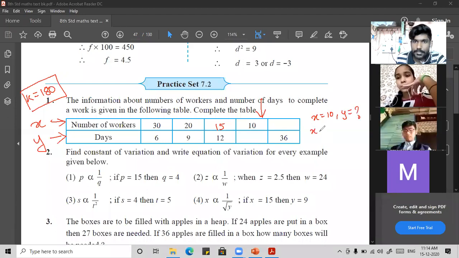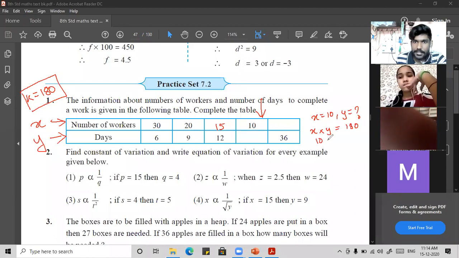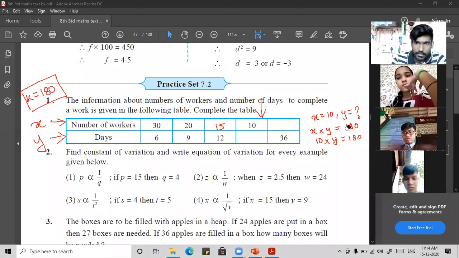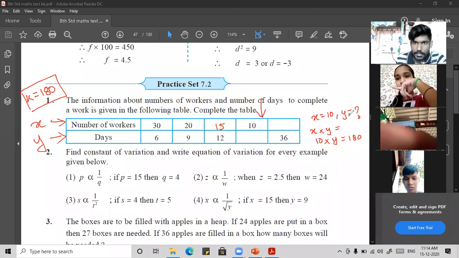Use again the same equation, X into Y equal to K. X is 10, Y we have to find out, so keep the variable Y as it is, and the value of K is 180.